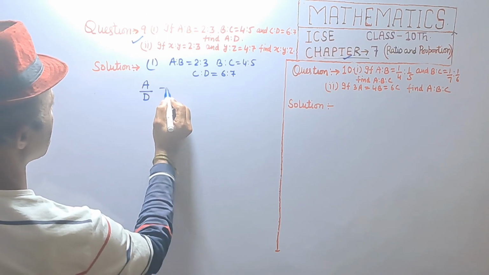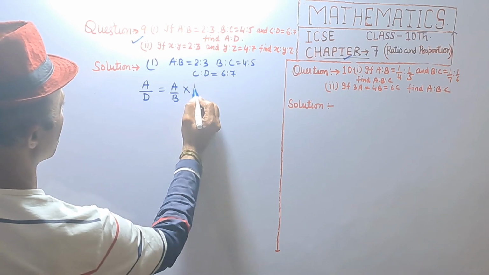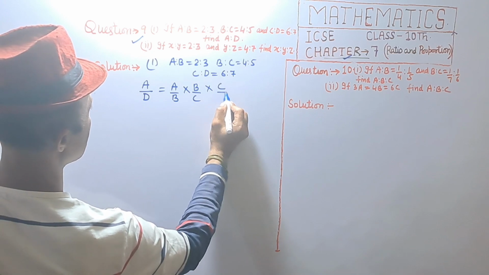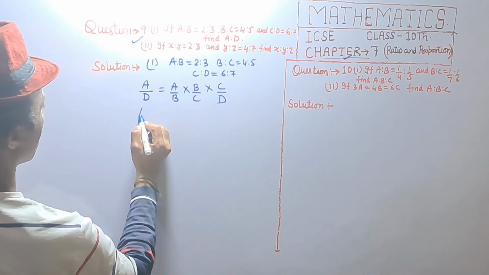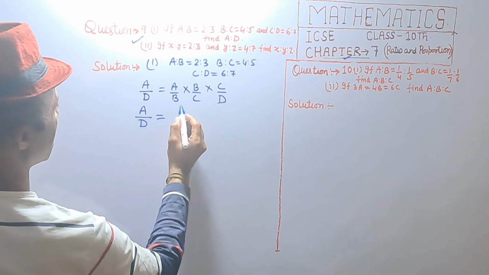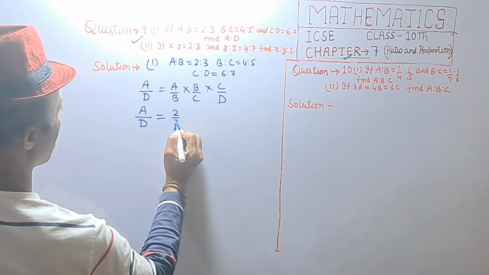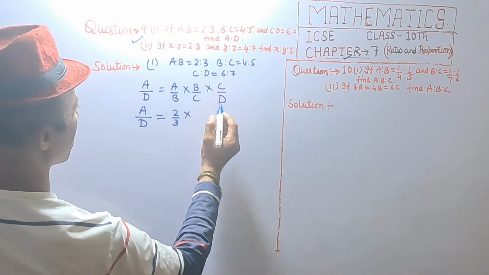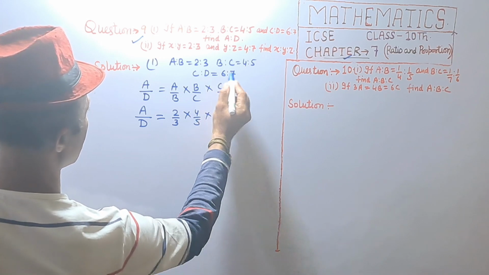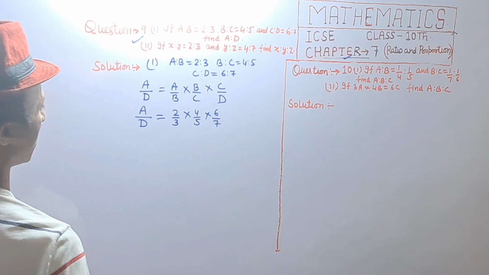A upon D is equal to A upon B into B upon C into C upon D. A upon D, that is equal to A ratio B, that is A upon B, 2 upon 3 into B upon C, 4 upon 5 into C upon D, that is 6 upon 7.